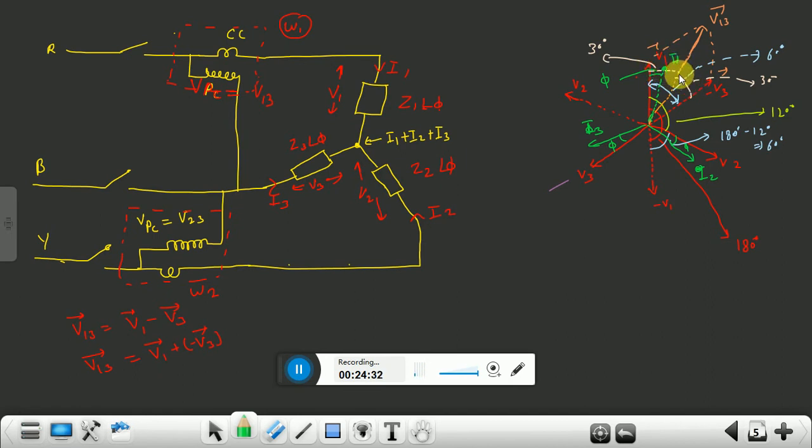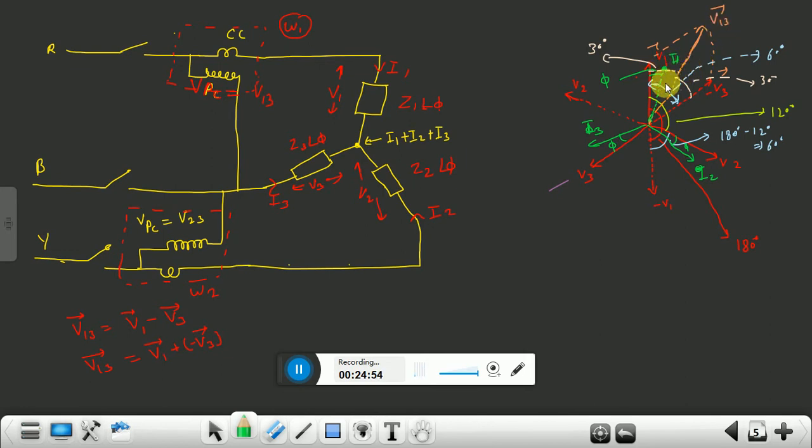In this case suppose we calculate the angle between V13 and I1. I1 lags behind V1 by phi degrees.